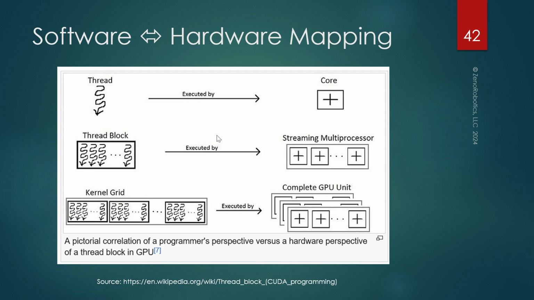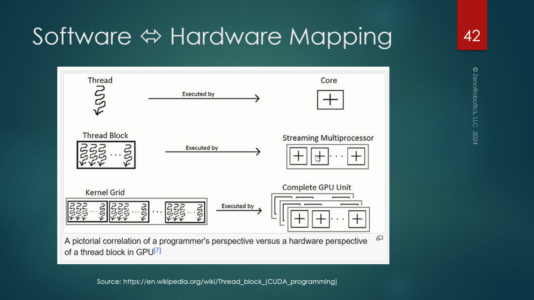So this is just the mapping that I mentioned. So this is, say, the software part, and not only say, but it is. So you have a thread, and this is a CUDA core, which is a streaming processor. So each thread is executed by a core processor, and then you have a thread block, and that is executed by a streaming multiprocessor.